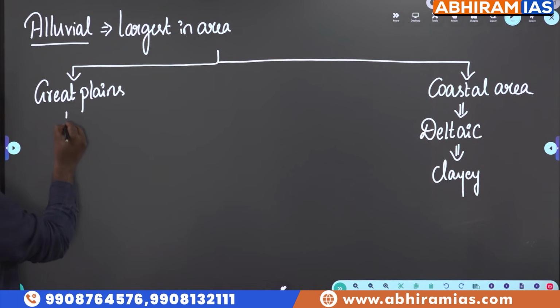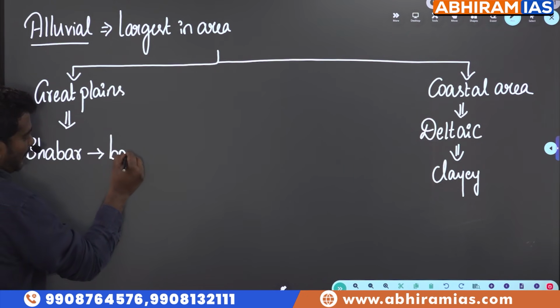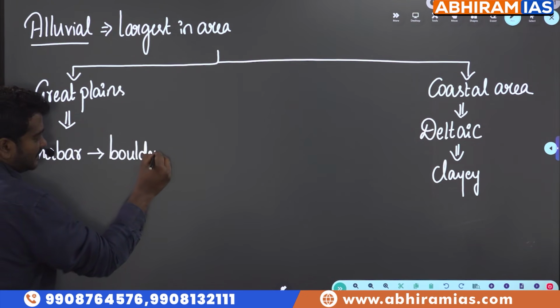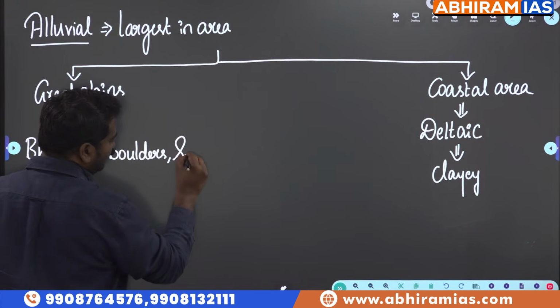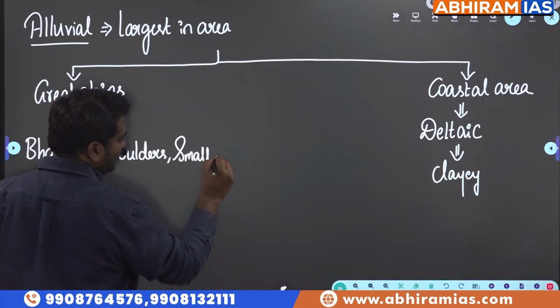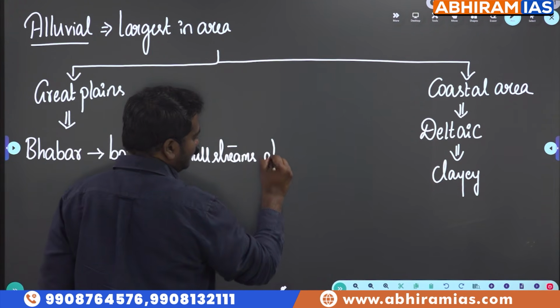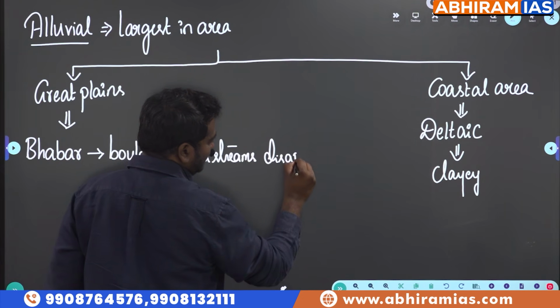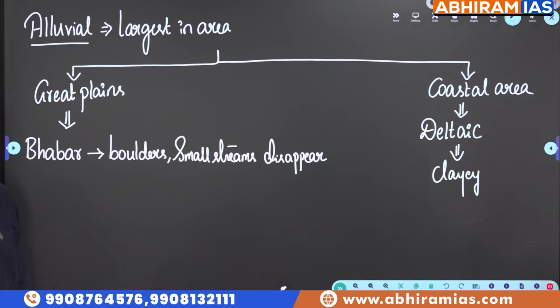In Great Plains area, it is divided into Bhabbar. Bhabbar is made up of boulders, and in this region, small streams disappear. Have you heard? Boulders, small streams, they disappear.